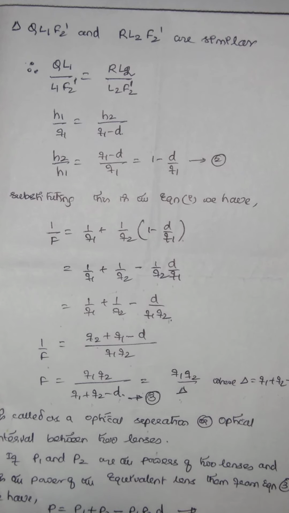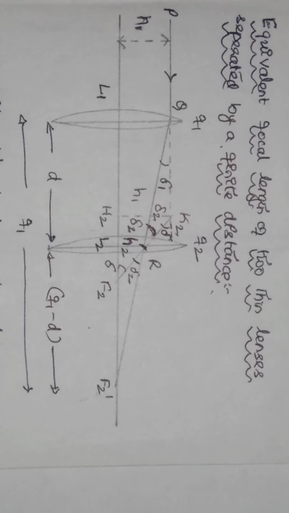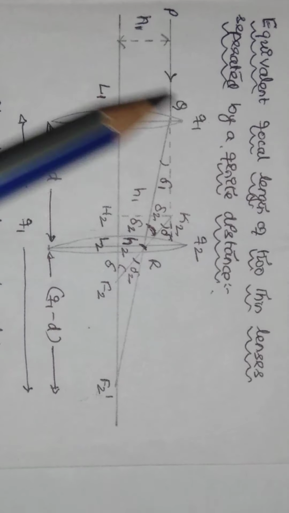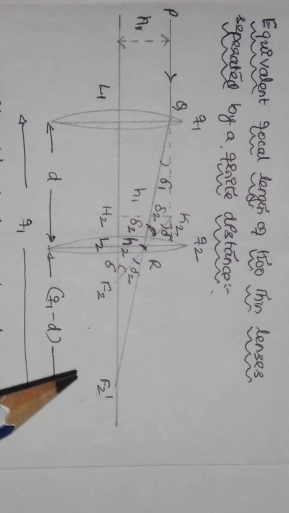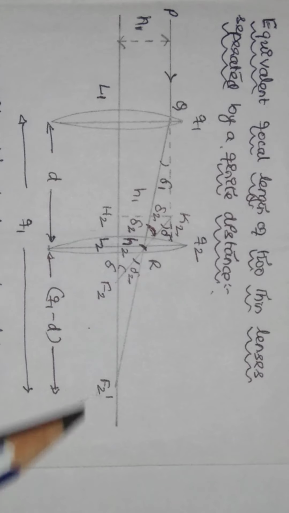Now here we are observing the triangles QL1F2 dash and RL2F2 dash. These are two similar triangles.